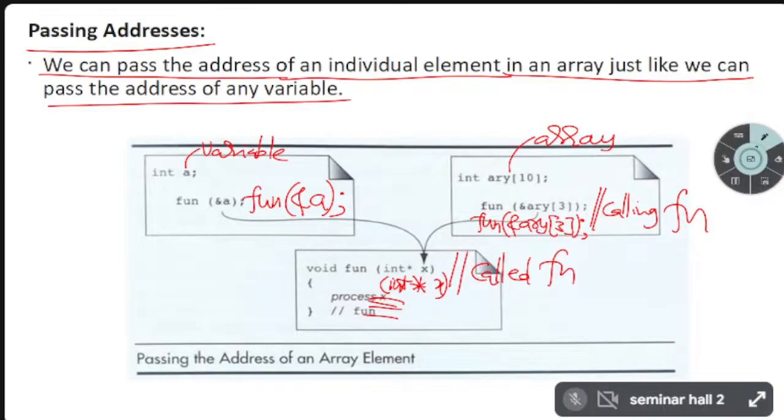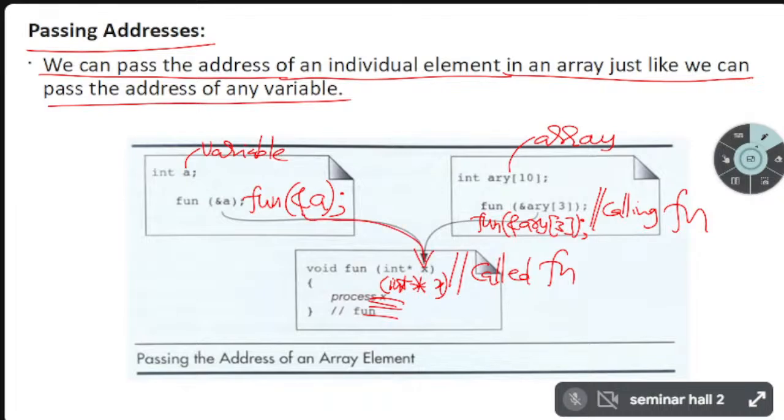Once this called function receives the data or address, it starts processing. Remember, star means pointer, okay? Here in this example, we are passing the address of a to x.